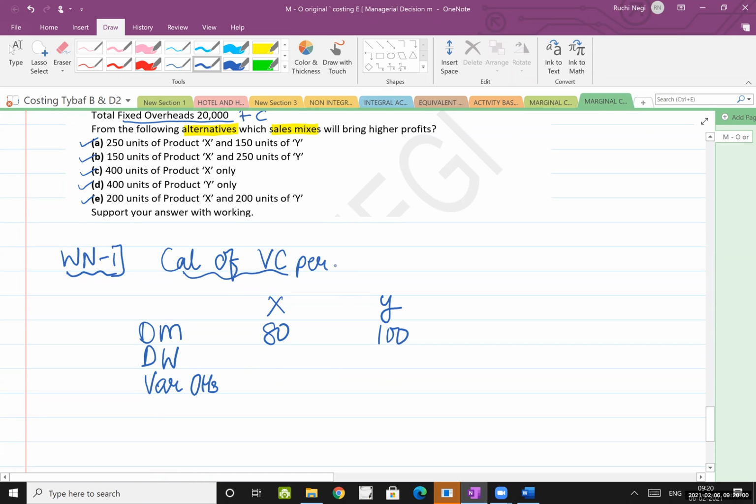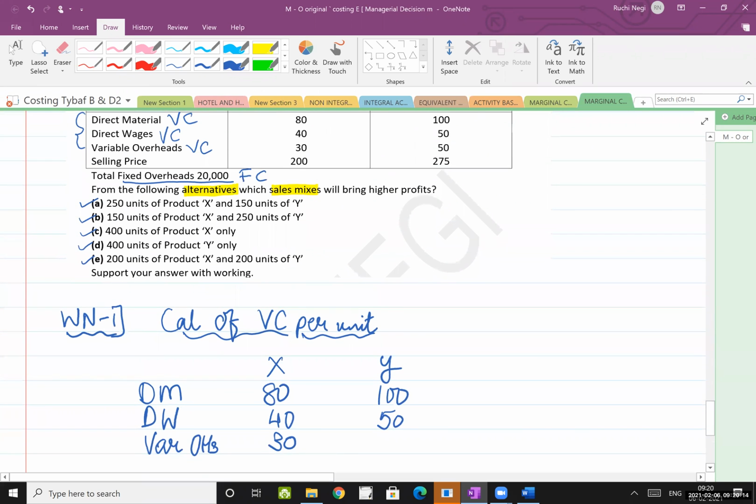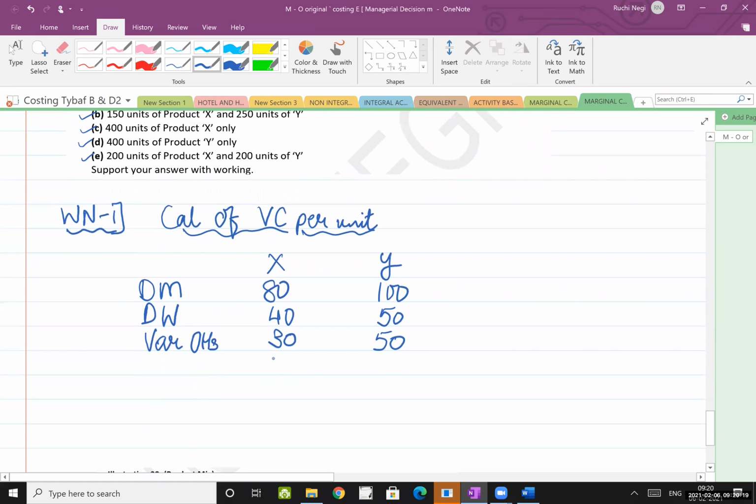Variable cost per unit, don't forget this. So total variable cost: 80 and 40 is 120, 120 and 30 is 150. 100 plus 50 is 150, plus 50 is 200.